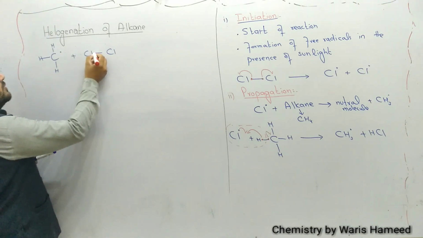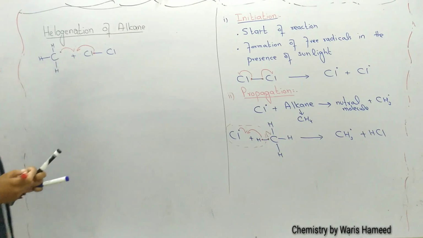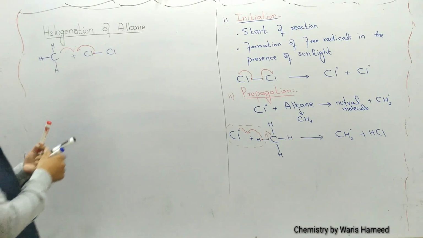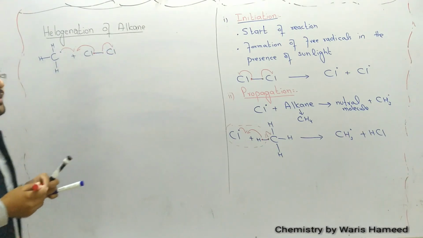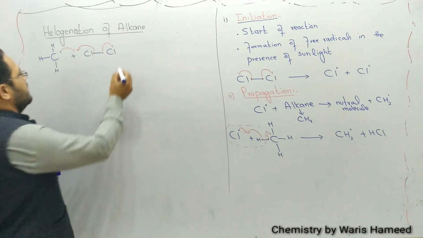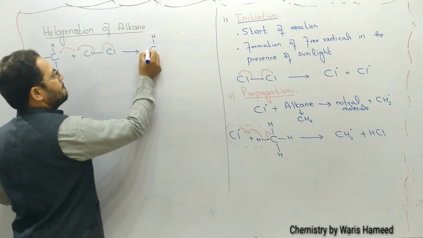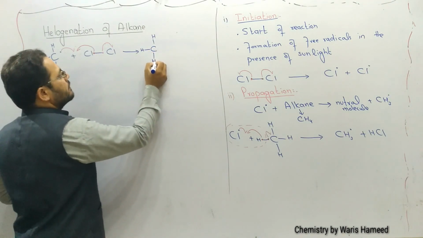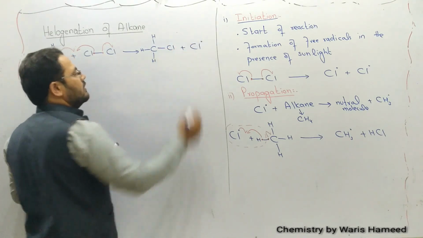One electron from this bond will come over here and this electron will come over here forming a single bond, and this electron will come over this chlorine. It will lead to CH3Cl and another chlorine radical.